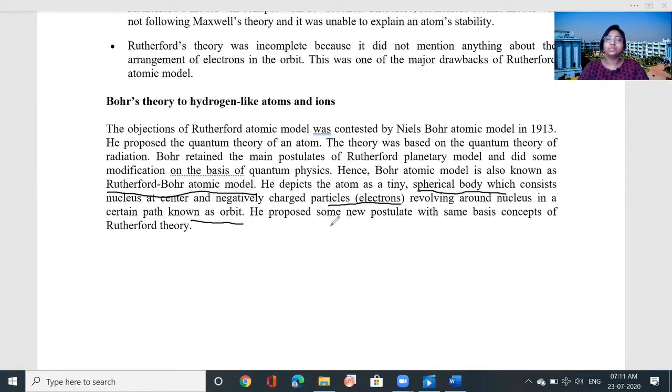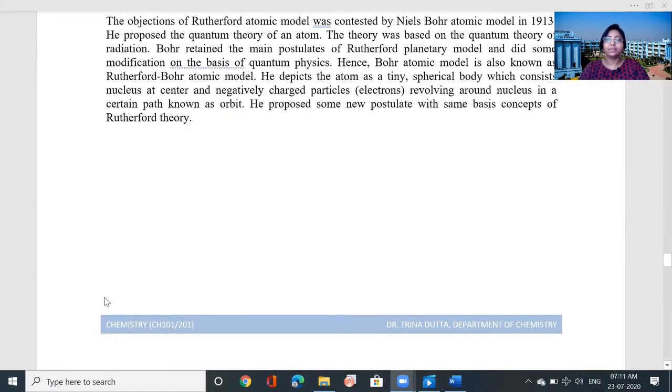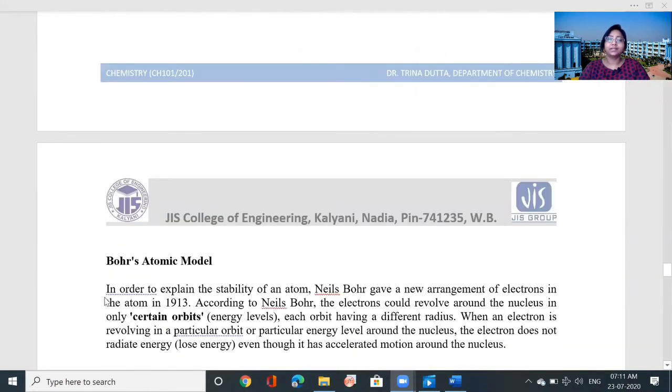He proposed some new postulates with the same basic concept as Rutherford's theory. So you got that, that means it is improving. We are getting the modifications and ultimately we have got the current structure.